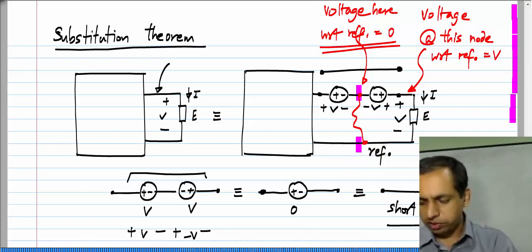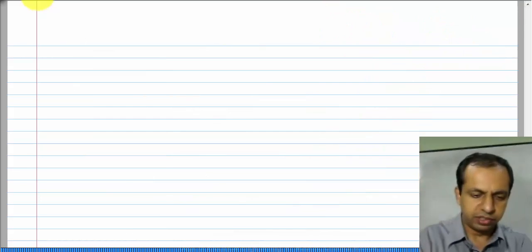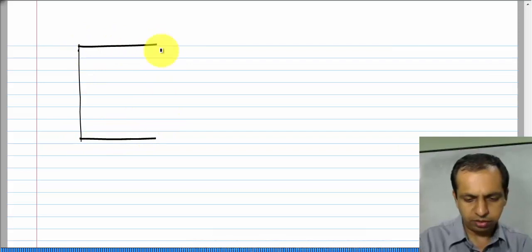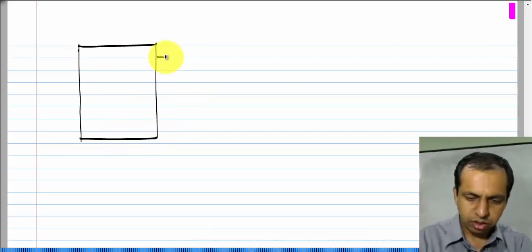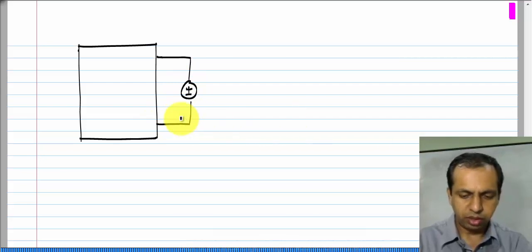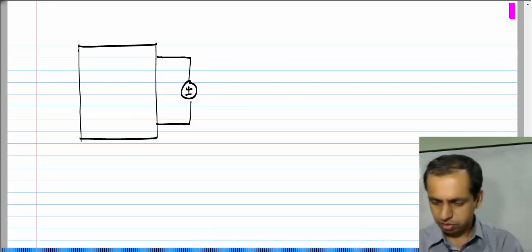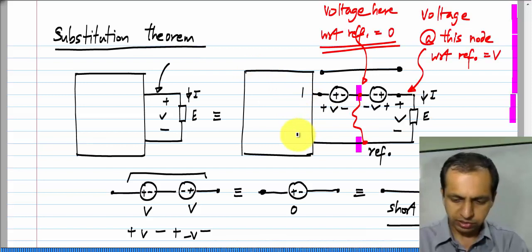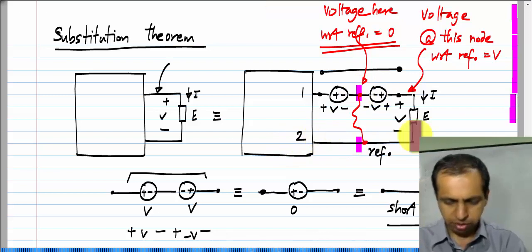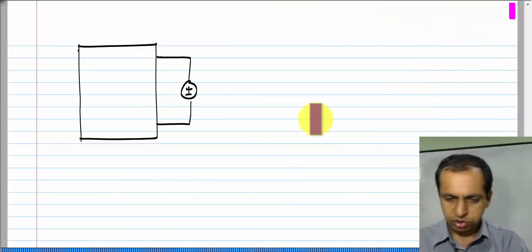Now, let me redraw this new configuration. I have the rest of the circuit. I have the first voltage source, which I will choose to draw this way, because I have short circuited it. If I number these as terminals 1 and 2, I have short circuited this node to node number 2, this terminal 2 of the circuit.